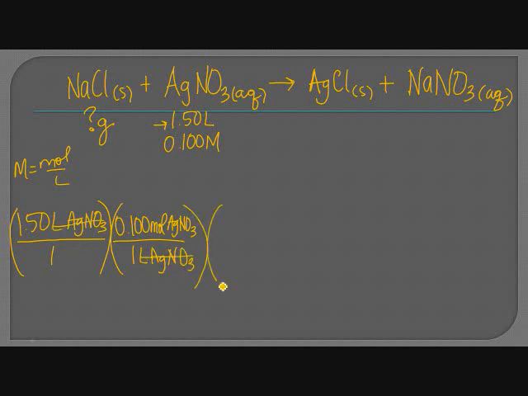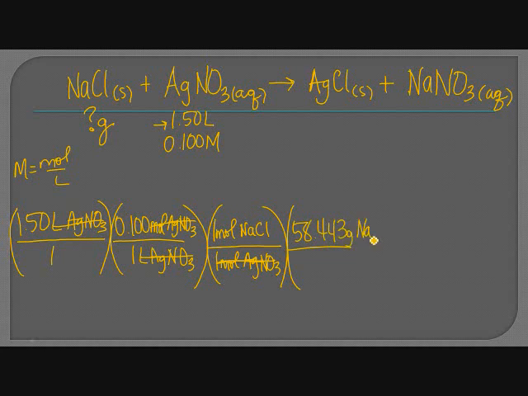Okay, and then from here we just jump right into the mole ratio. So it's a 1-to-1 ratio, like I said before, so 1 mole of sodium chloride over 1 mole of the silver nitrate. And then now we have moles of sodium chloride, so then we can go to grams of sodium chloride by multiplying by the molar mass of that.